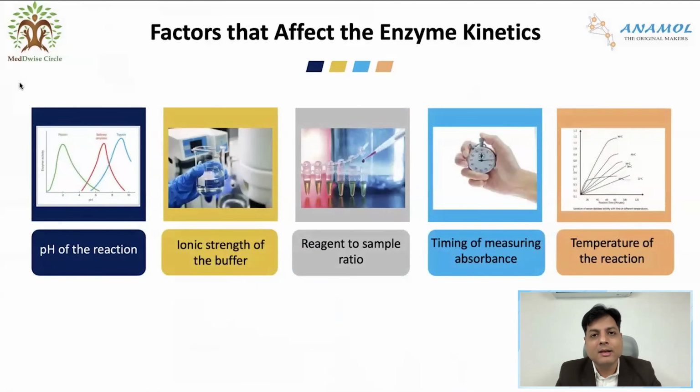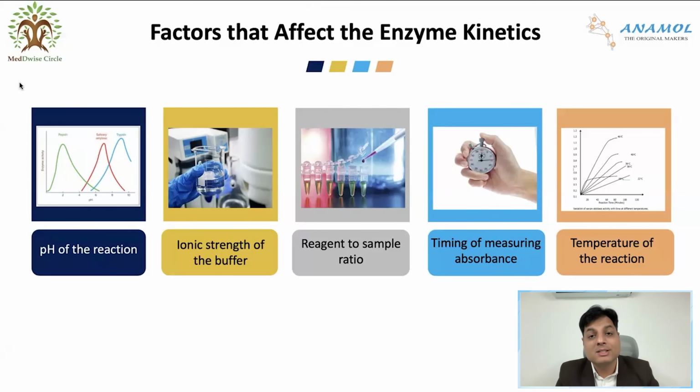Largely, we have seen that in pathology laboratory conditions, there are five factors that affect the enzyme kinetics. These five factors are: first, what is the pH of the reaction, or in simple language, what is the pH in which the enzyme is functioning?